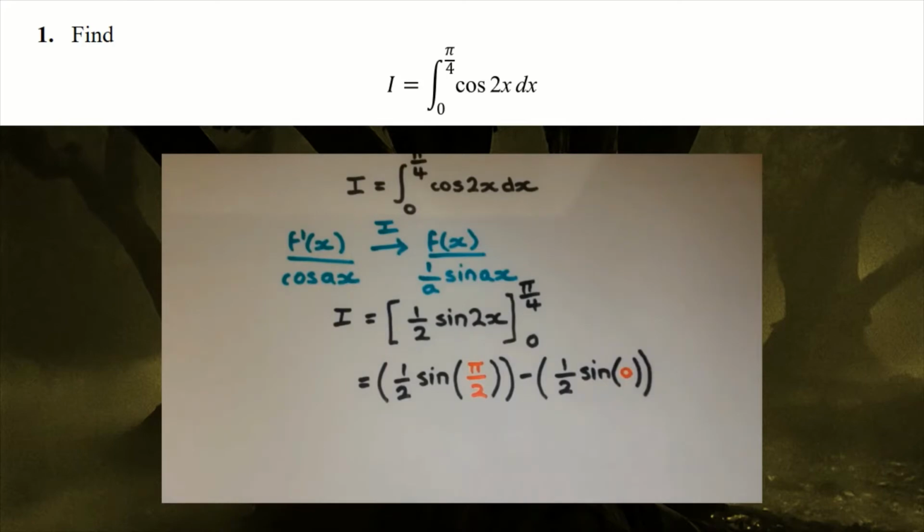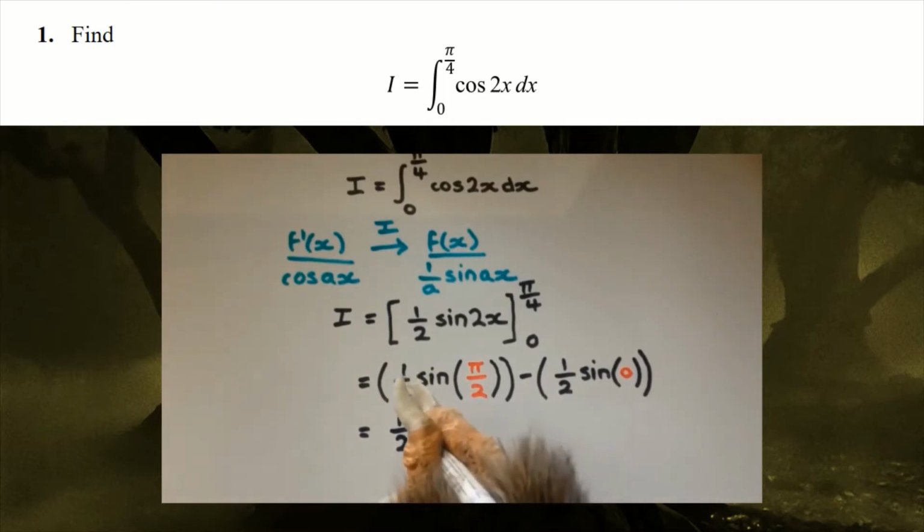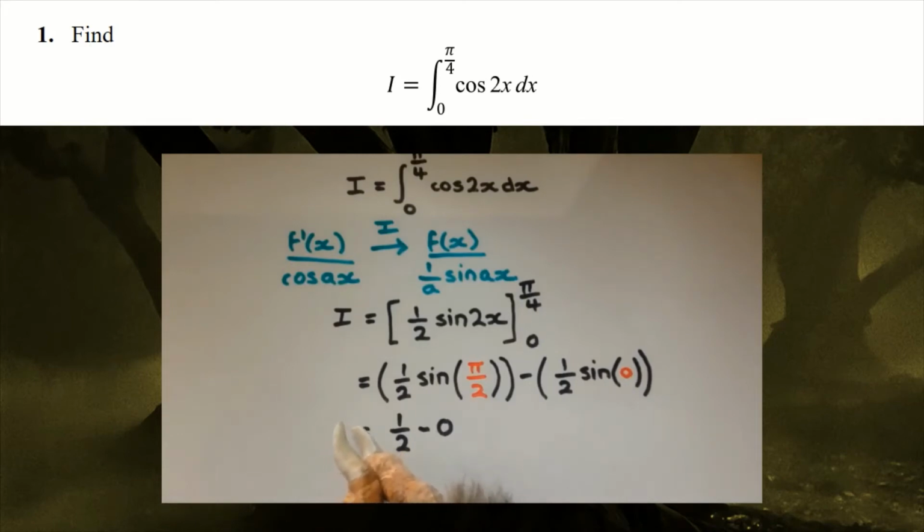Close the brackets. Let's complete the task. So we have 1/2 sine of pi over 2. Sine of pi over 2 is 1. So I'm going to have 1/2 for the upper limit evaluated, and sine of 0 is obviously going to be 0. I'll just, for completeness, put that in. So the final answer is going to be 1/2.